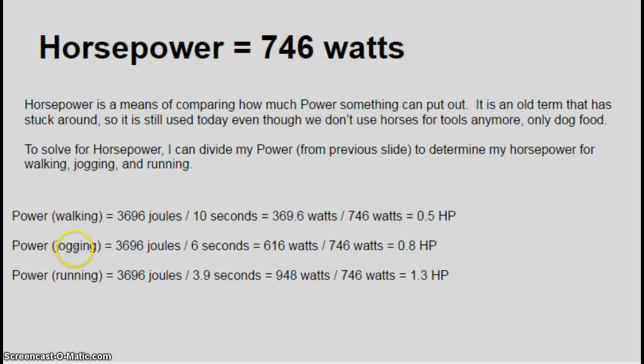And for my power jogging, I did this amount of work in this much time. I had this much power. This value of power, 616 watts, divided by 1 horsepower of 746 watts, shows me that I have 0.8 horsepower when jogging up the stairs. In running, I did this work in this amount of time, and I had this amount of power, 948 watts, divided by 746 watts, and I had 1.3 horsepower when running.